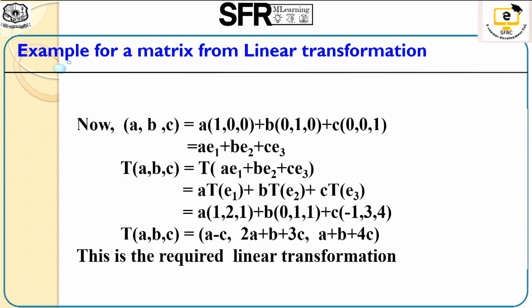The third one is A into 1, B into 1, so A plus B. The last one is 3 into 4, therefore 4C. T of (A, B, C) equals (A minus C, 2A plus B plus 3C, A plus B plus 4C). This is the required linear transformation.